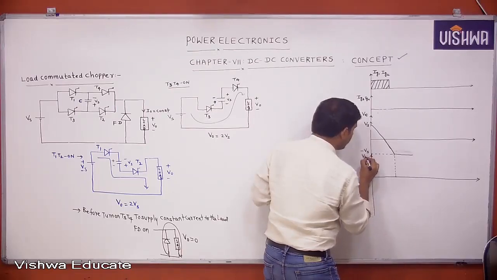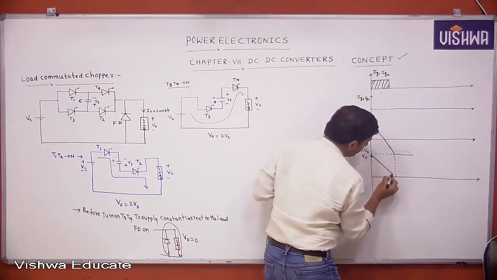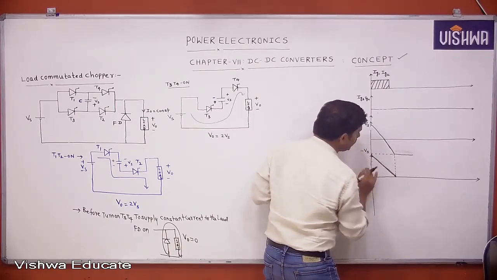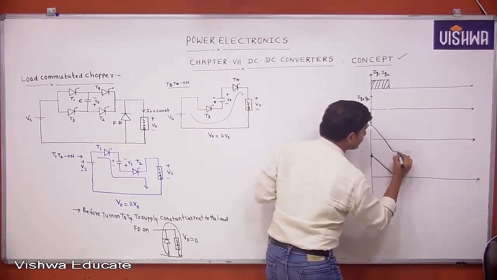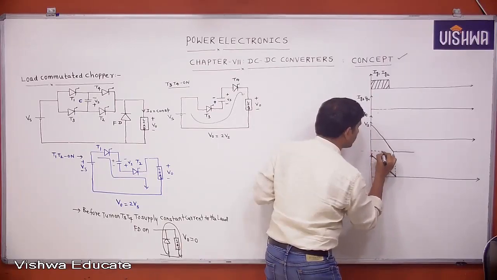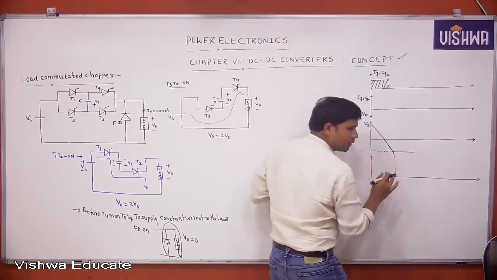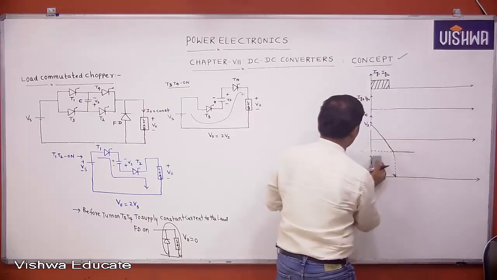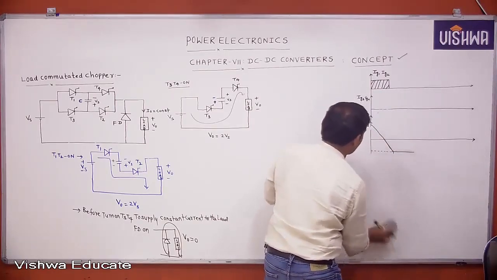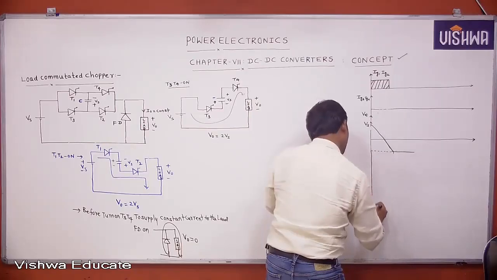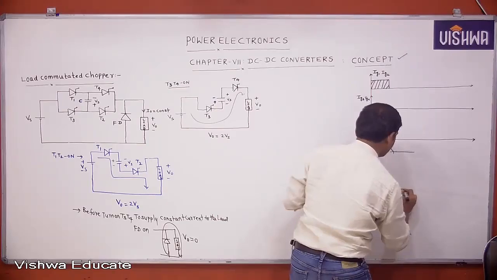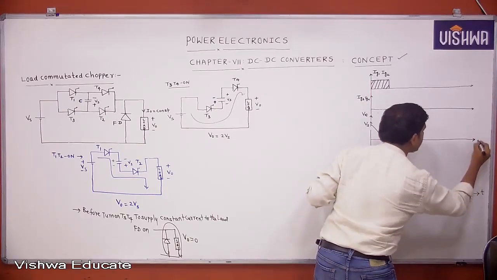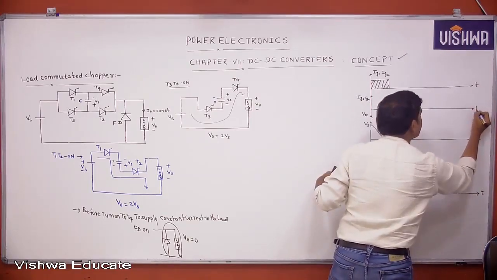This I am drawing, the V0 waveform. Suddenly, if T1, T2 is triggered, V0 is equal to 2 Vs. Let's note this down: this is T and this also is T, the time taken.